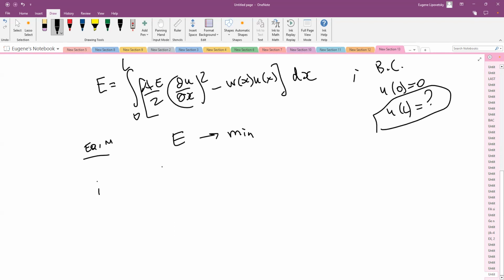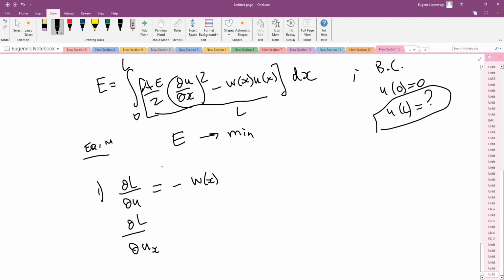You need to have first dL over du will be minus W of x. dL over du of x equals AE over 2 times 2 du over dx, which is going to be AE du over dx.